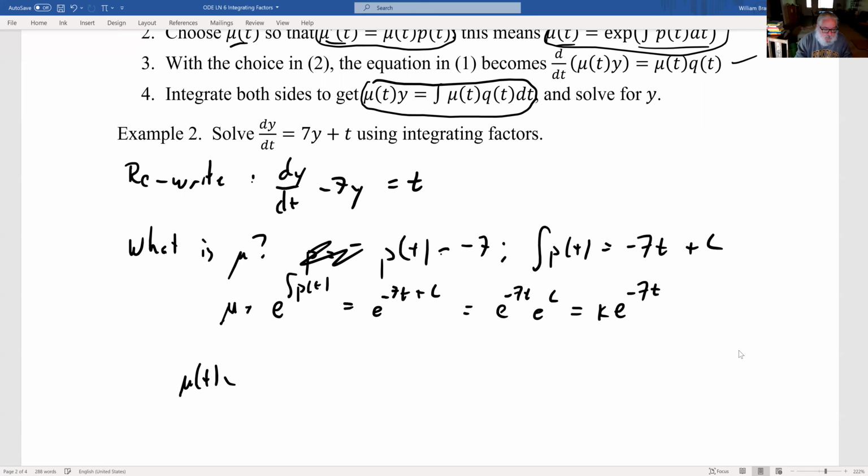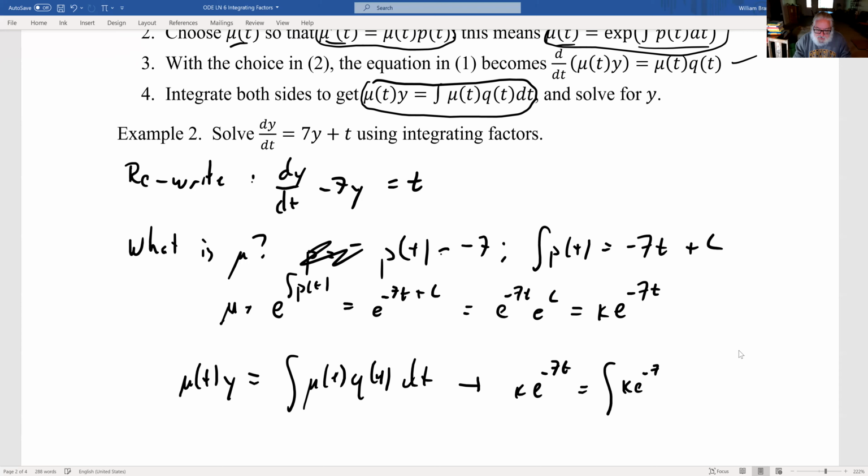Mu of t times y equals the integral of mu of t times q of t dt. So k e to the -7t times y equals the integral of mu, which is k e to the -7t, times q, and q of t is just this, dt.